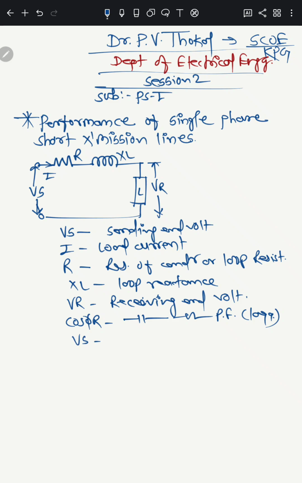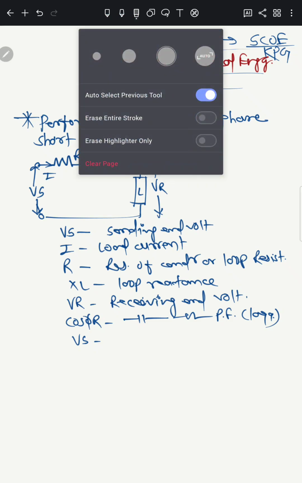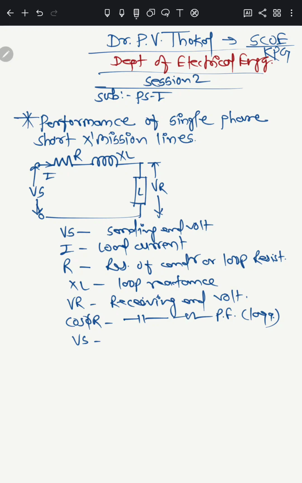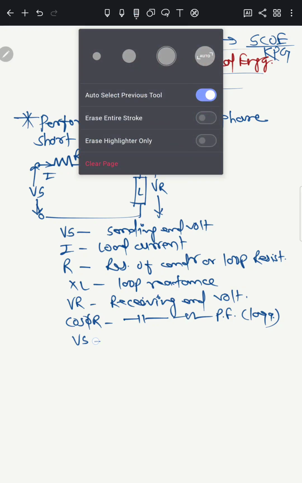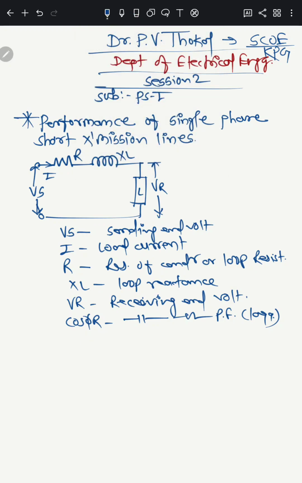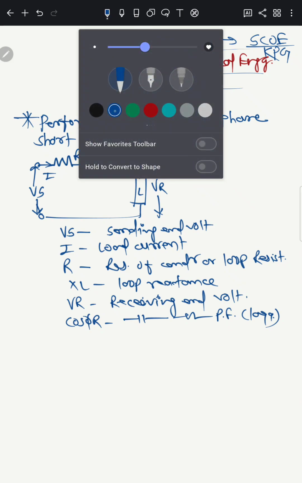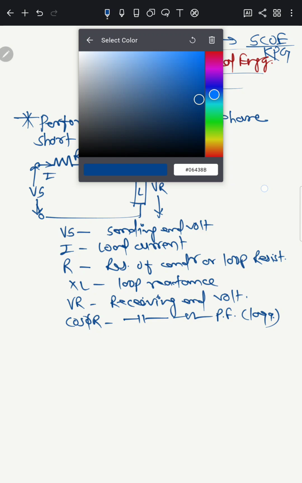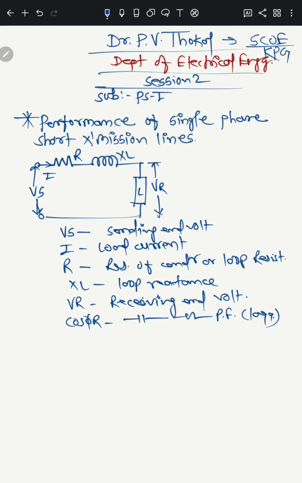Vs is the sending end voltage, and cos phi S is the sending end power factor.